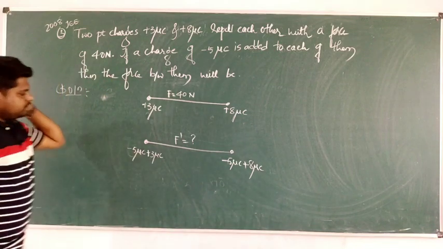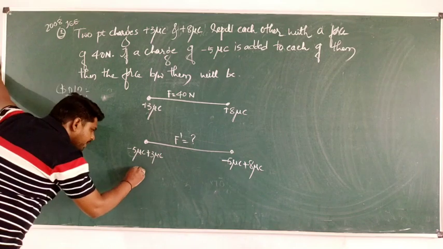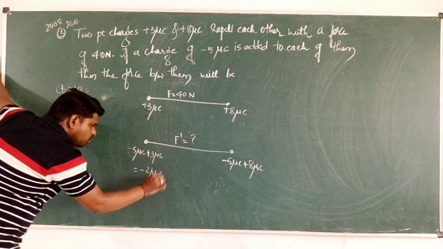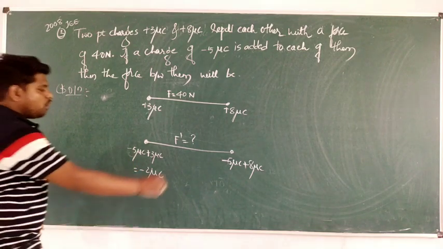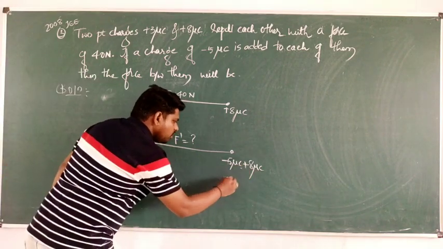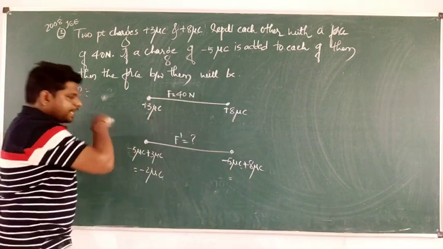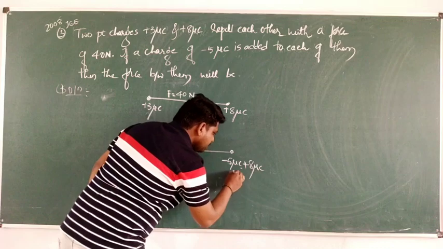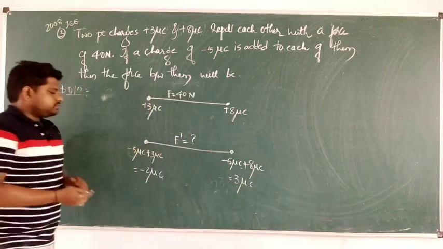Now if you pay attention, minus 5 plus 3 microcoulomb comes out to be minus 2 microcoulombs. What about this one? Minus 5 plus 8 comes out to be 3 microcoulombs.